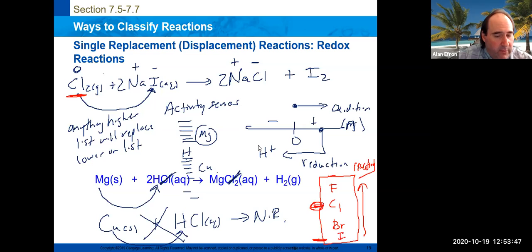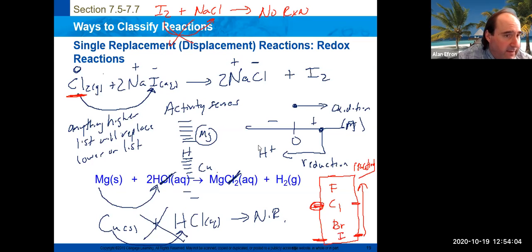The chlorine would replace it. Now, if you flipped it around and went with iodine plus sodium chloride, this reaction would not take place because iodine is lower on the list than chlorine.